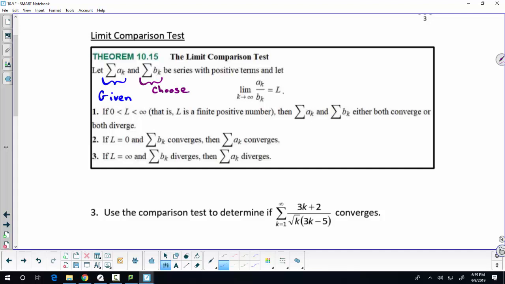If you think about these things in terms of that limit of A over B equaling a finite number, zero, or infinity, maybe the conclusion for those three cases makes a little more sense. I don't have enough space to write it out, so I'll write it out here though.